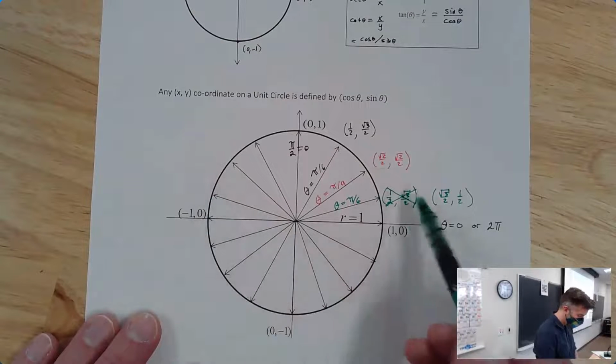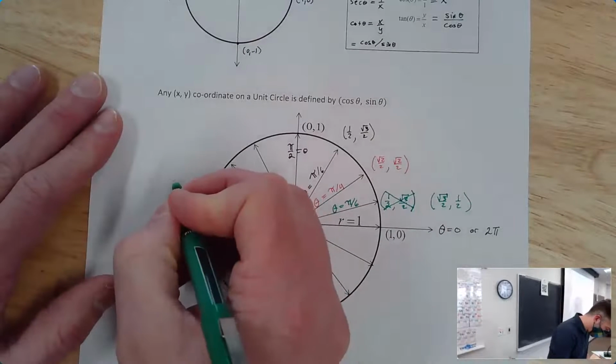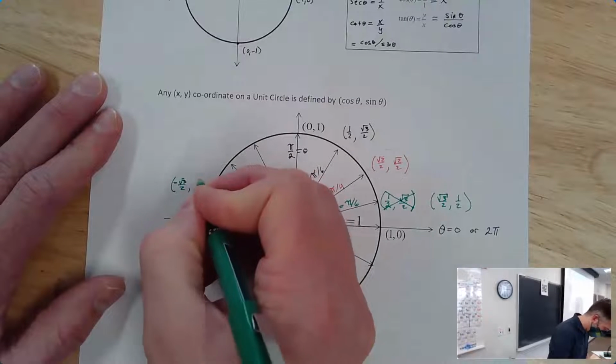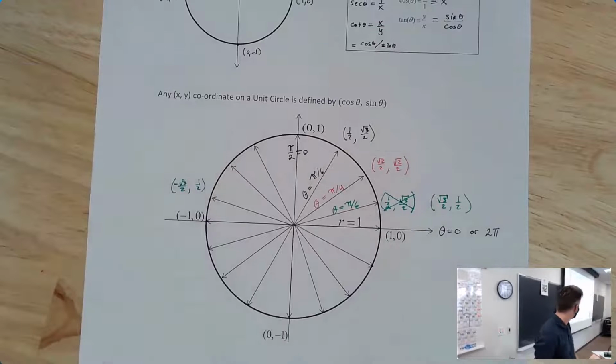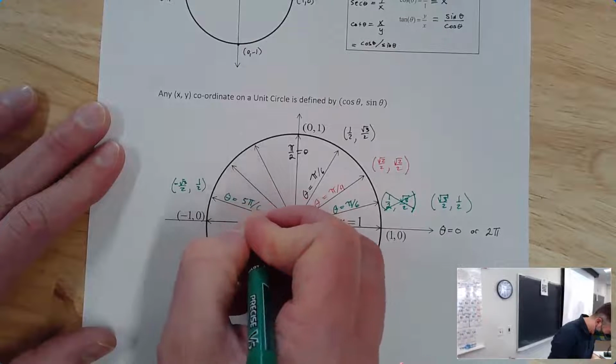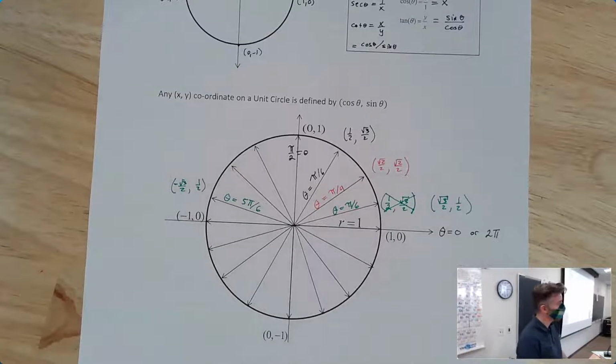The x, right? I flipped this over. My x value is negative root 3 over 2. My y value is still positive 1/2. And the angle is 5 pi over 6. The angle in the second quadrant that has pi over 6 as the reference angle.